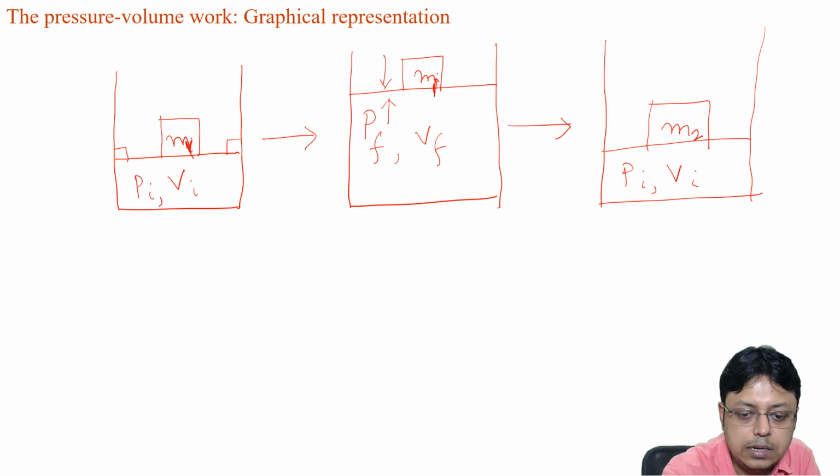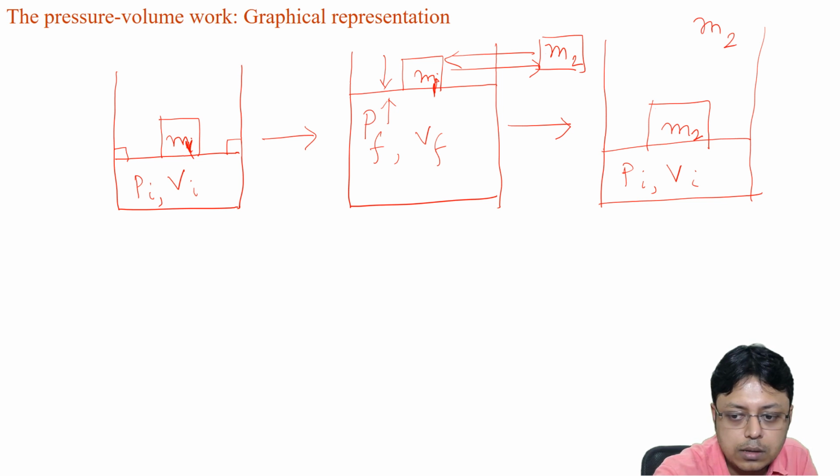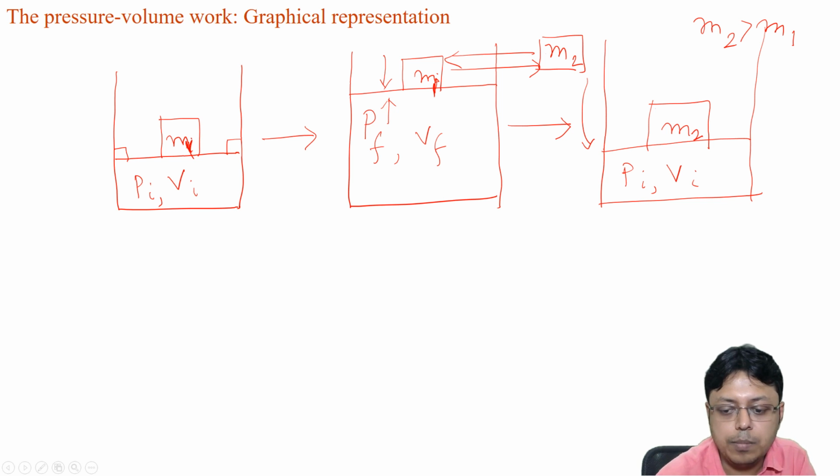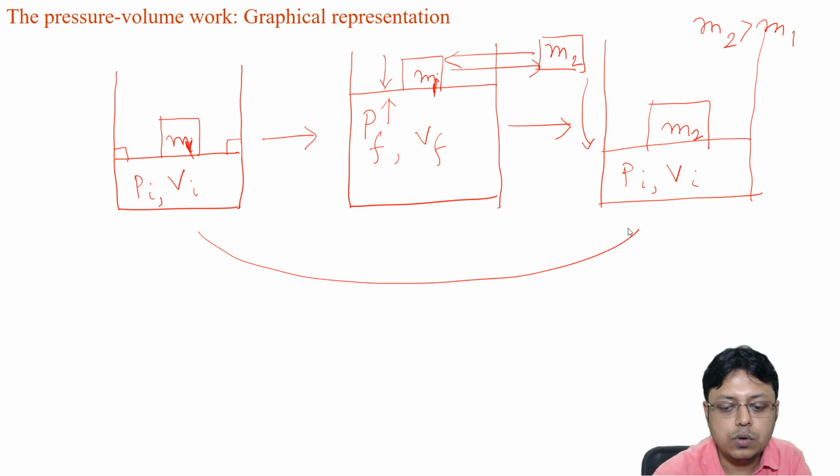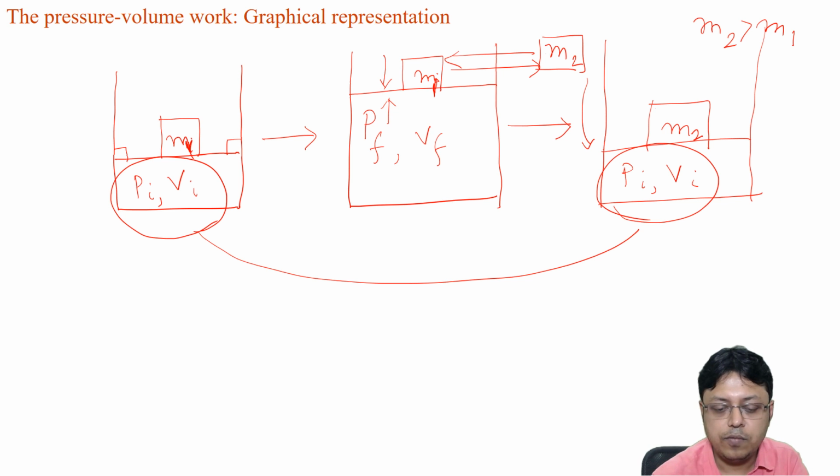So here what we did is that we just took out the M1 mass and put the M2 mass here. Since M2 was higher than M1, we created more external pressure, so the piston moved down, and we came back to the same initial state. Now this process is known as a cyclic process. Why? Because we started with the initial state and we came back to the same initial state for the system.